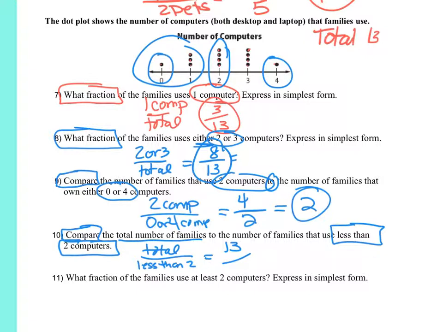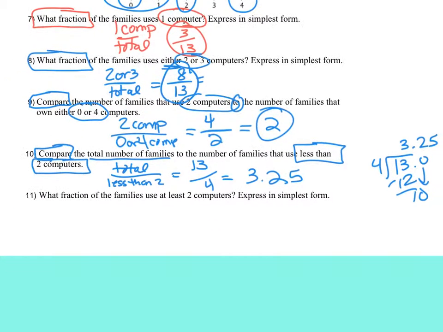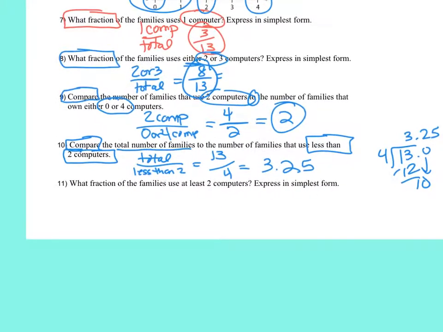So 13 divided by 4. 3 point something. 3.25. So 3.25 times as many families total as families that own less than 2 computers.